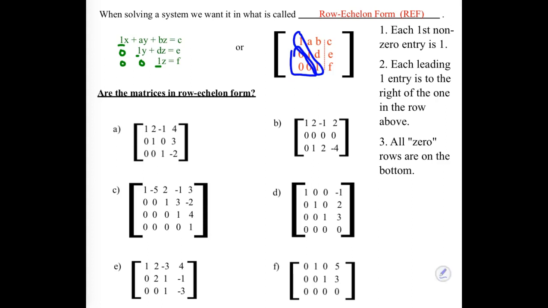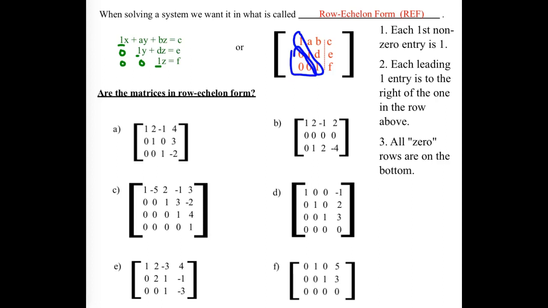All right, so the rules for what makes something be in row echelon form. The first one says each first non-zero entry in every row must be a 1. In other words, as you look across a row, the very first number that's not 0 must be a 1. The second rule says each of those leading 1 entries is to the right of the one in the row above.